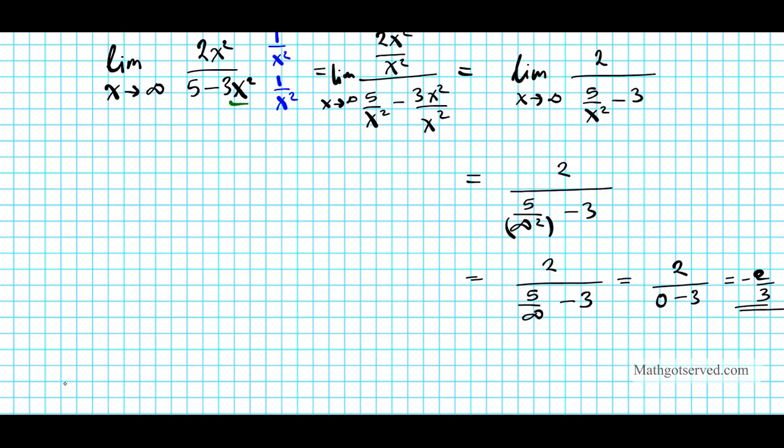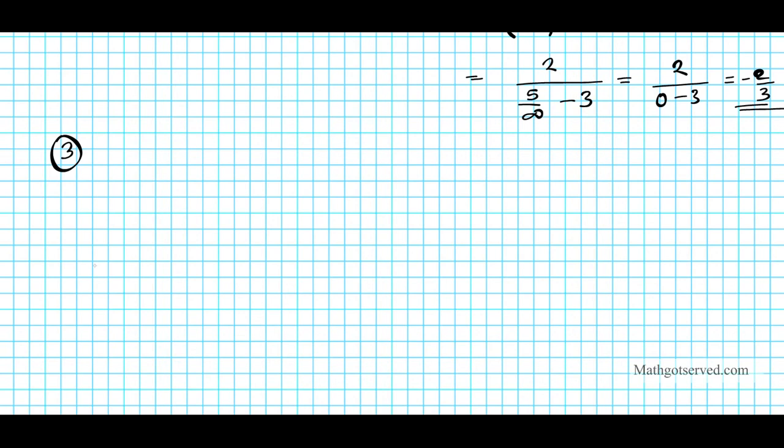All right, so the last one we're going to do is the end behavior model. Okay, so for number 3, we're looking at method 3, where we're going to be using the end behavior model.